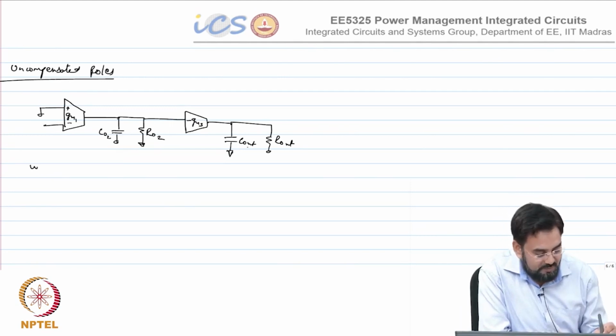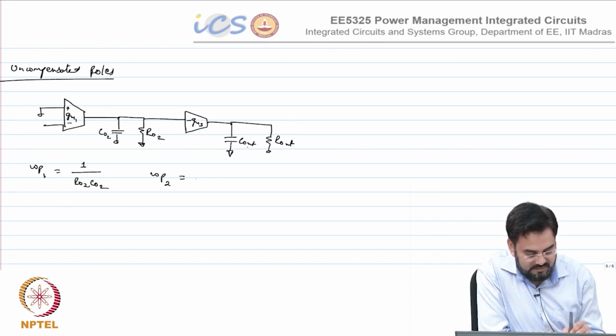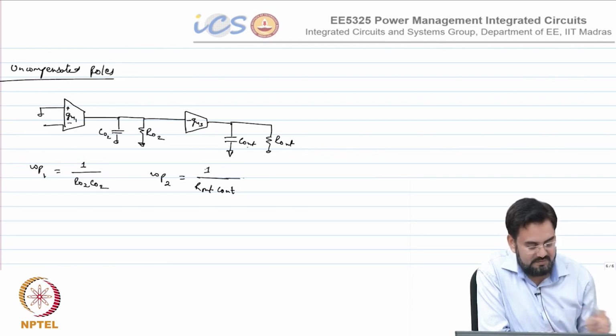So now omega P1 and omega P2 are appearing at, so first pole and second pole, 1 over R out C out.